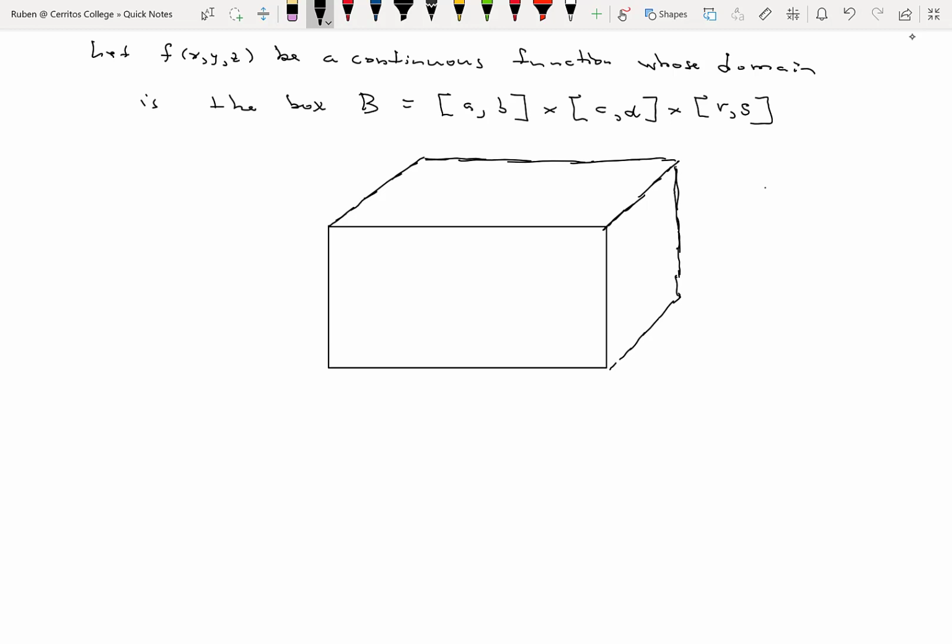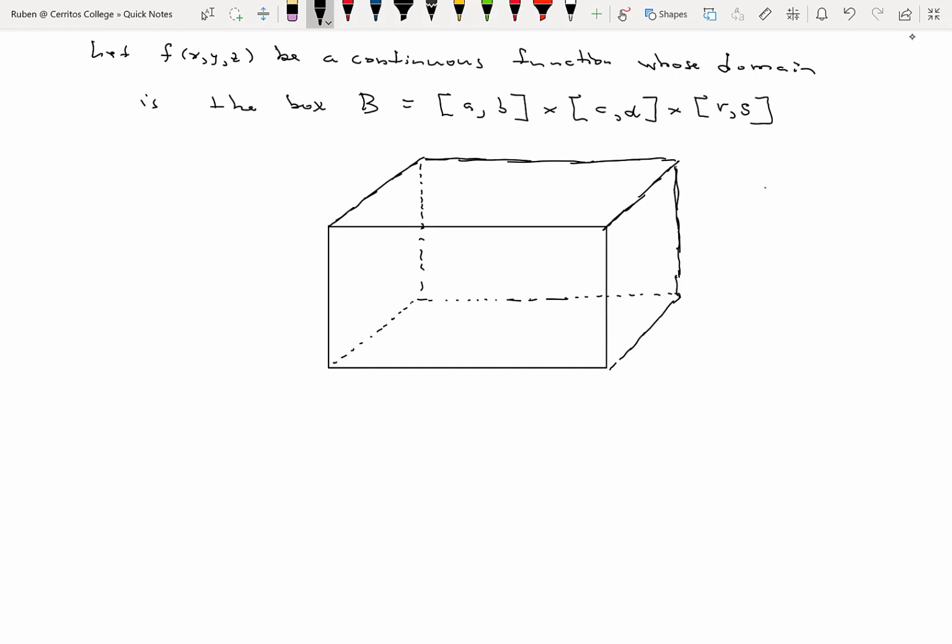Let's just draw some dimensions inside the box, drawing the lower edges of the box inside, and then visualize the back edge of the box. Okay, so here's our box in 3 space.